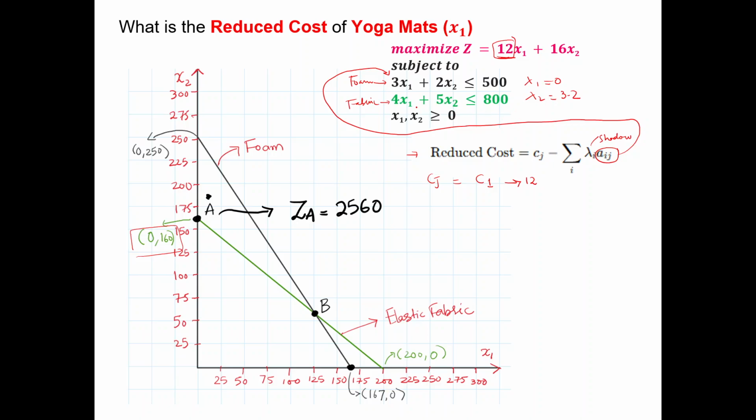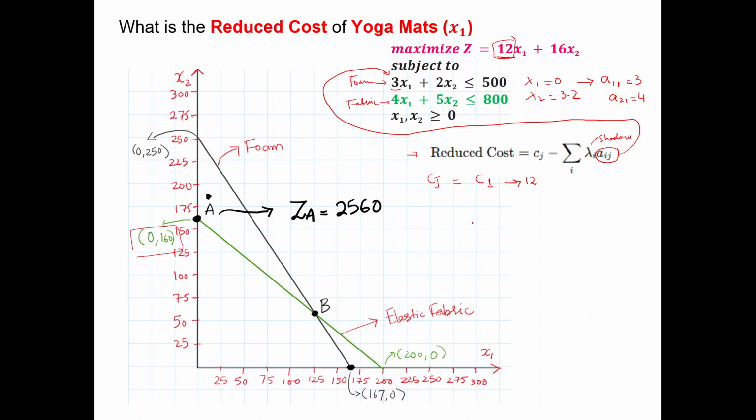In the first constraint, the coefficient of x1 is 3, so a11 is equal to 3. In the second constraint, the coefficient of the first variable is 4. So the value of a11 is 3 and a21 is 4.